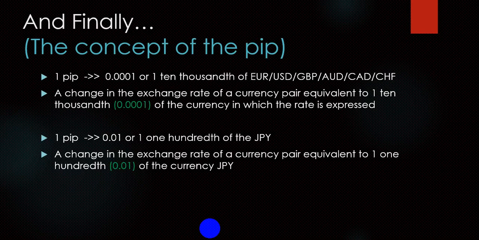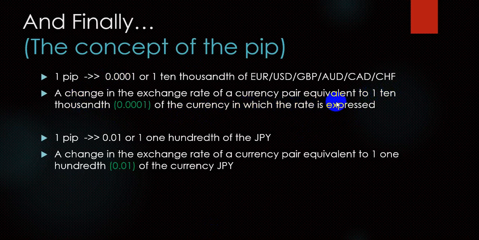So, what then is the pip? One pip is a change in the exchange rate of a currency pair equivalent to 1/10,000th of the currency in which the rate is expressed.